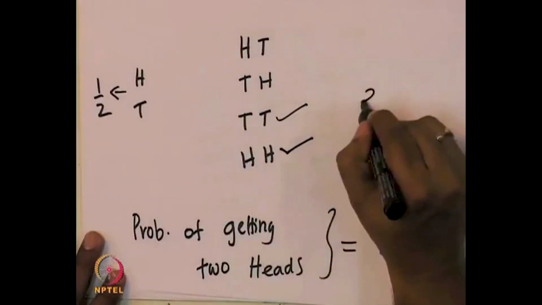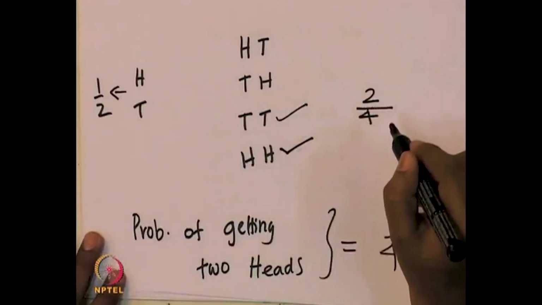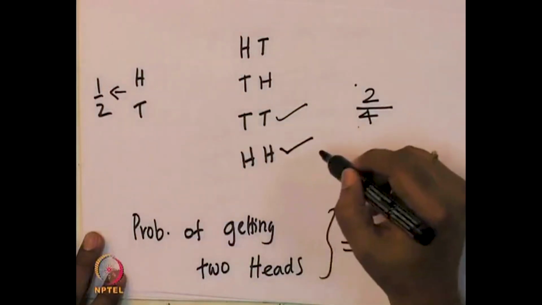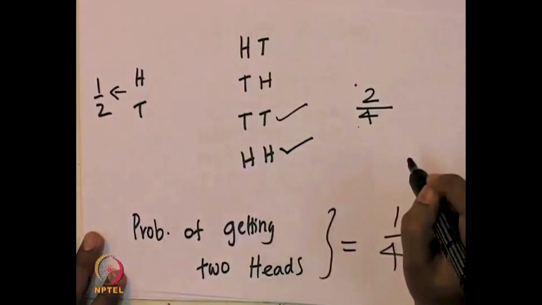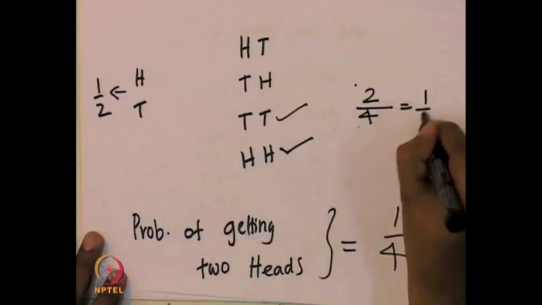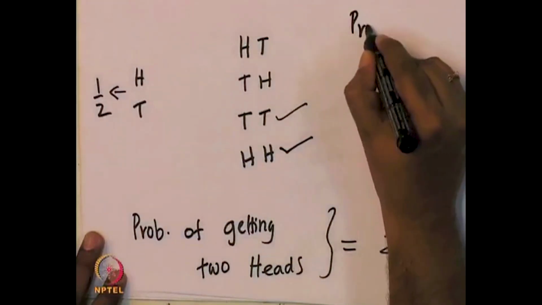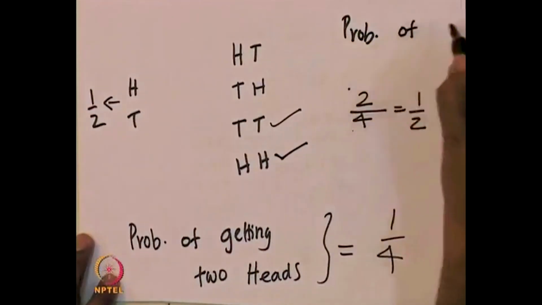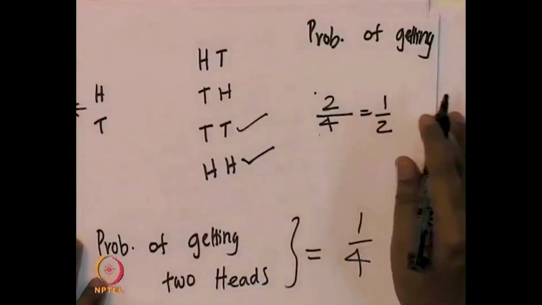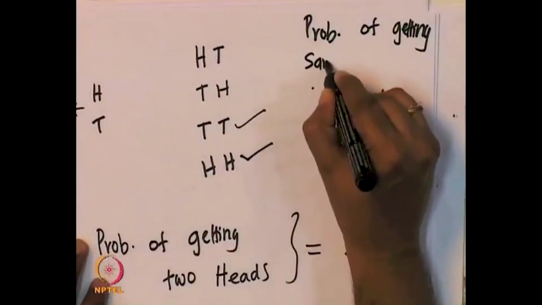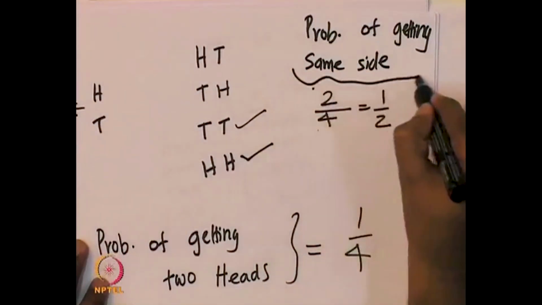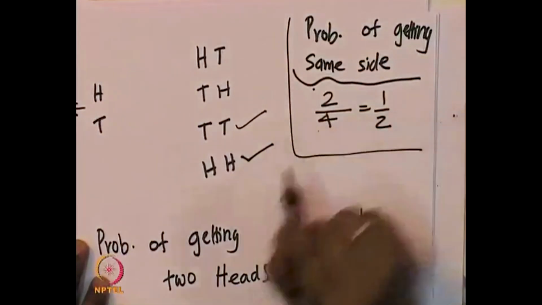So, 2 out of 4 you got the same side. The probability of getting the same side when tossing twice is 2 by 4, that is half.